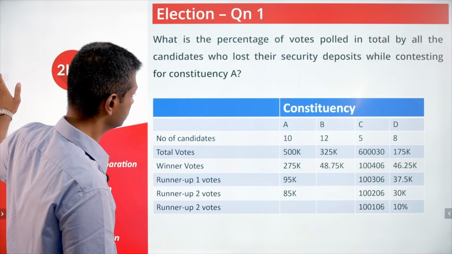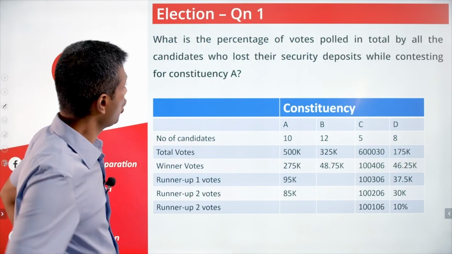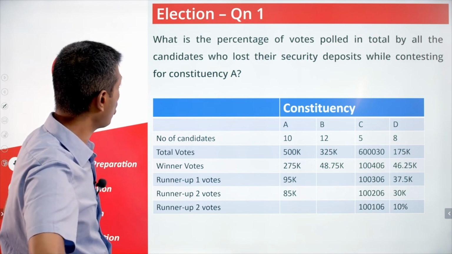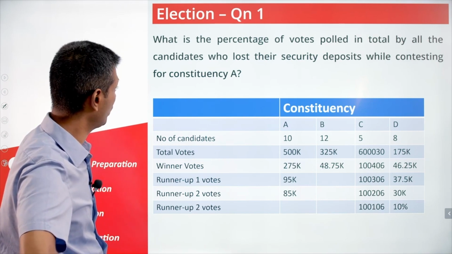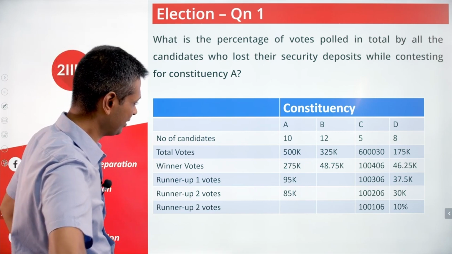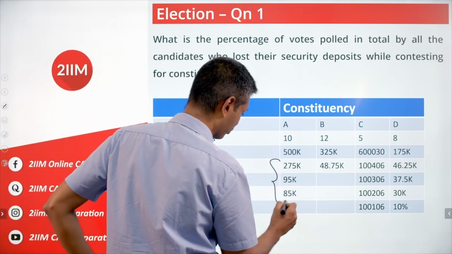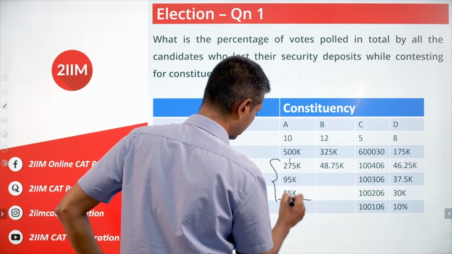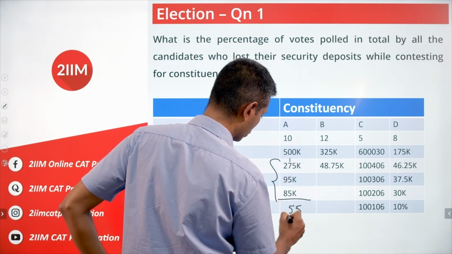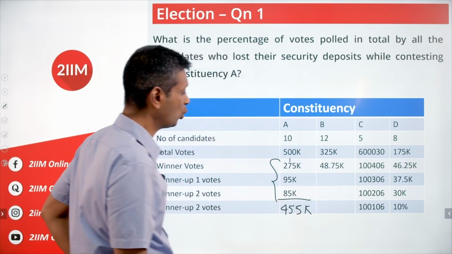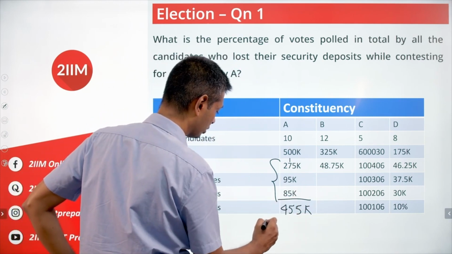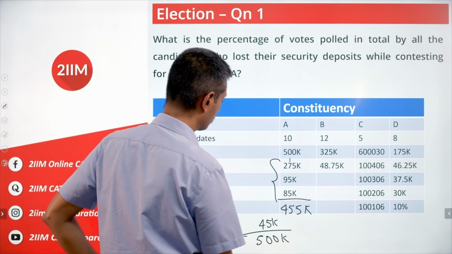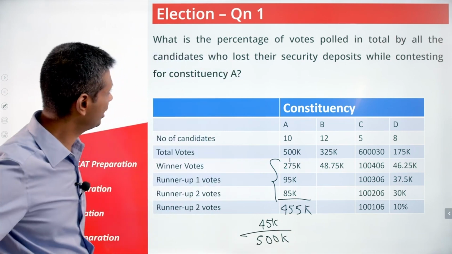Now let's go to the right here. What is the percentage of votes polled in total by all the candidates who lost their security deposits while contesting for constituency A? We did this math already. Add these 3. 5, 15, 8, 17, 25, 5, 2. 455,000 has been accounted for, or 45,000 is remaining. 45,000 out of 500,000 is what everybody else added up to.